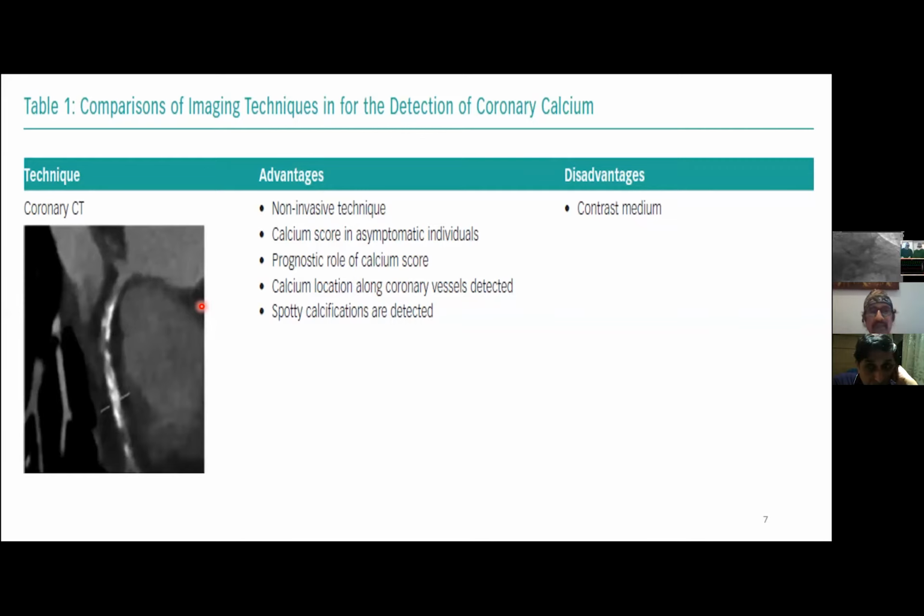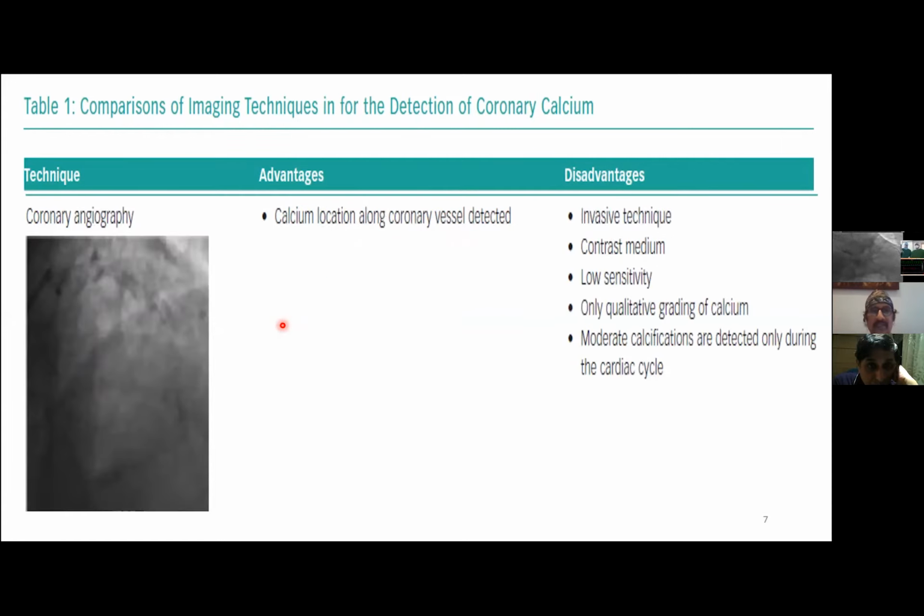But whenever you want to think of calcification, do take a look at the CT angio. It can tell you the calcium location and also spotty calcification, which is not seen on the conventional catheter angiogram. When you talk about the catheter angiogram, you only get an outline of calcium.